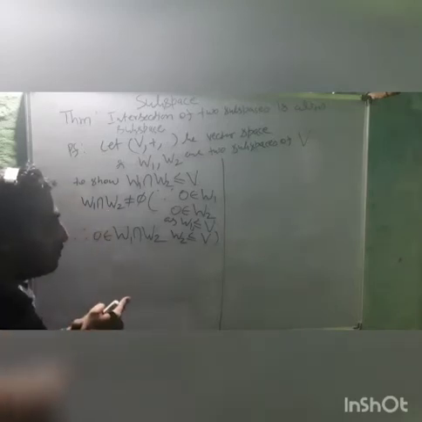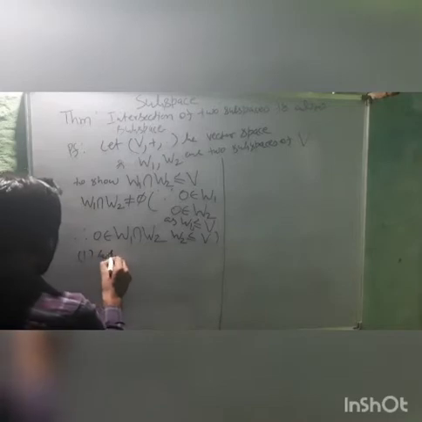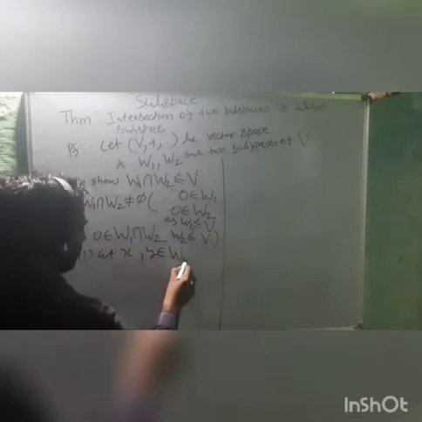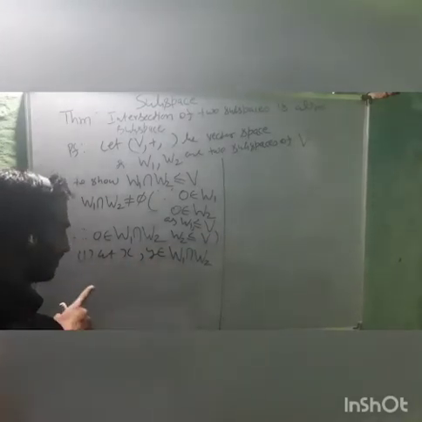Now I am going to use the two-step criteria. So first property: let x, y belong to this set which we have to prove is a subspace. Suppose x and y are any two vectors in this set.